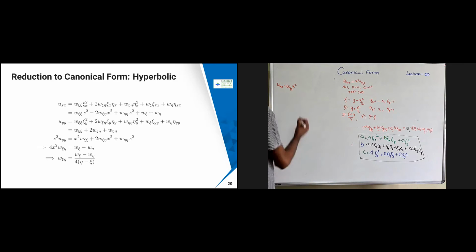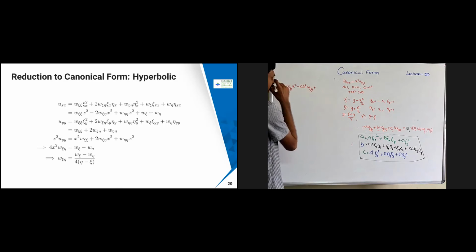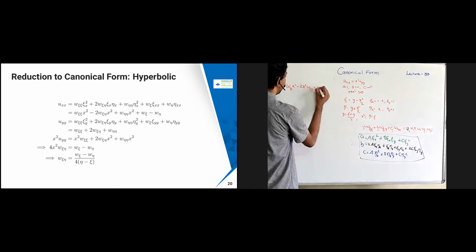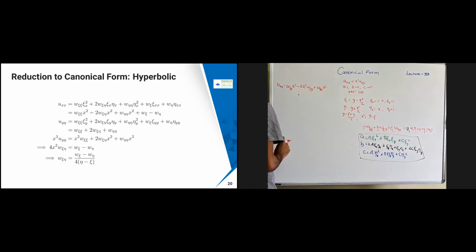So therefore this is going to become minus 2 x square w chi eta plus w eta into, what I'm going to get? I'm going to get eta x square. Okay, eta x is also x, so therefore that is going to become w eta x square plus I have other terms.